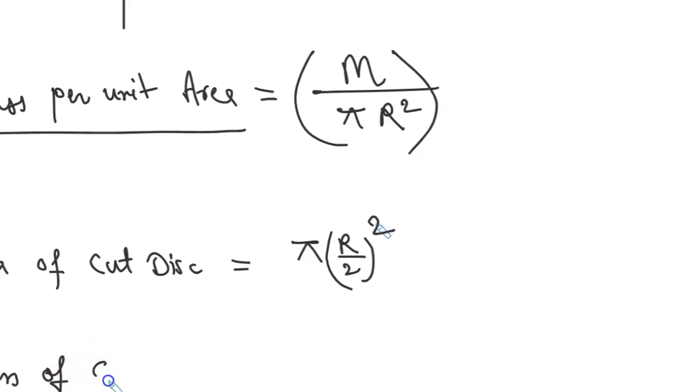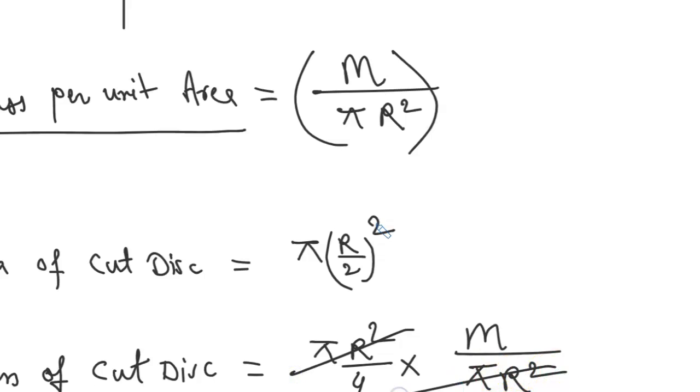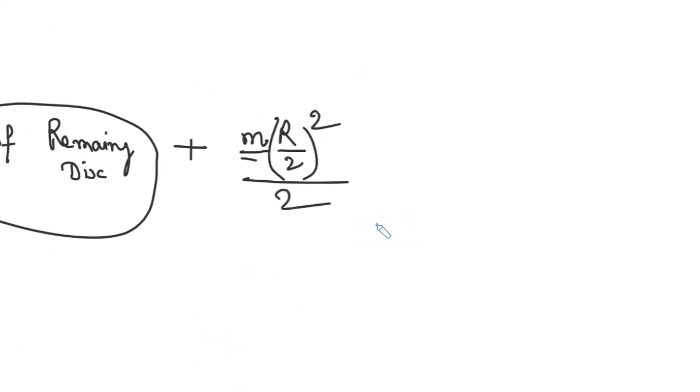Mass of the cut disk is pi r square by 4 into m by pi r square. Pi r square cancels, so it equals m by 4. Is it clear?